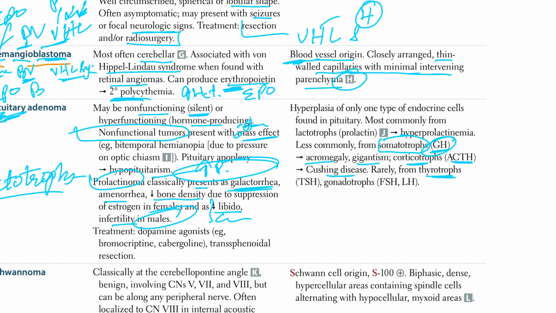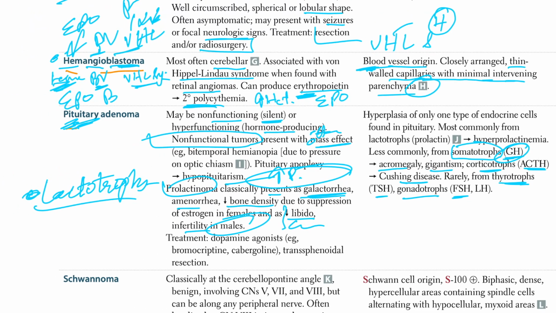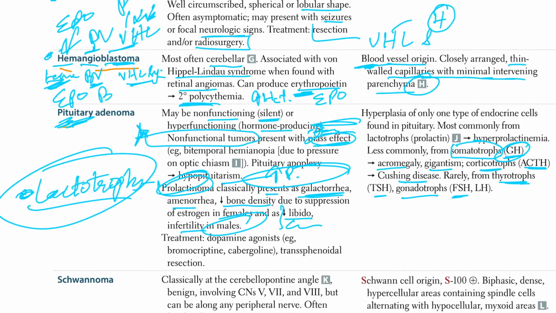Rarely, thyrotrophs, which can lead to a TSH-producing tumor, or gonadotrophs, which can lead to an FSH and LH producing tumor. But most importantly, you can think about the non-functional, all giving the headache and mass effect, and lactotrophs causing prolactinoma.